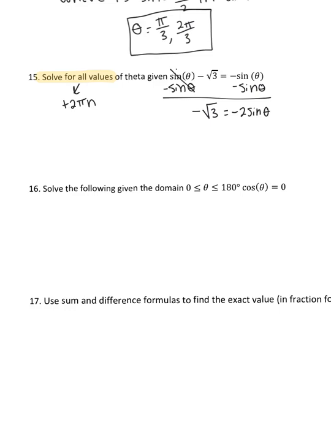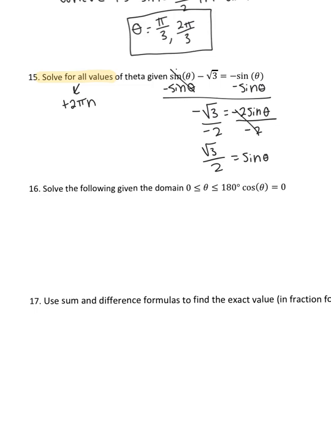Then I want to get rid of the negative 2 in front of the sine theta. So I'm going to divide both sides by negative 2. Negative root 3 over negative 2. The two negative signs are going to cancel, and you're going to get positive root 3 over 2 is equal to sine theta.